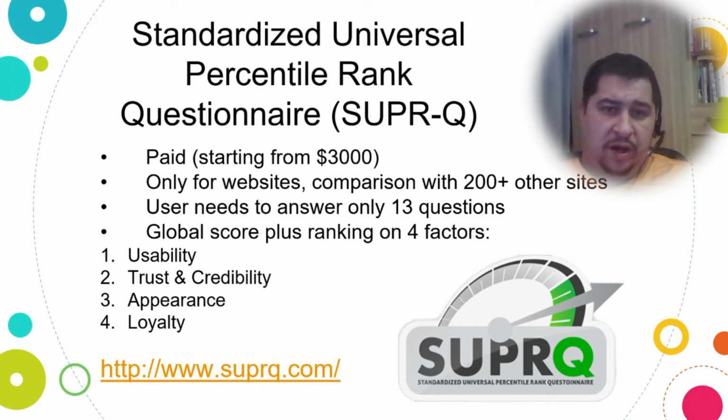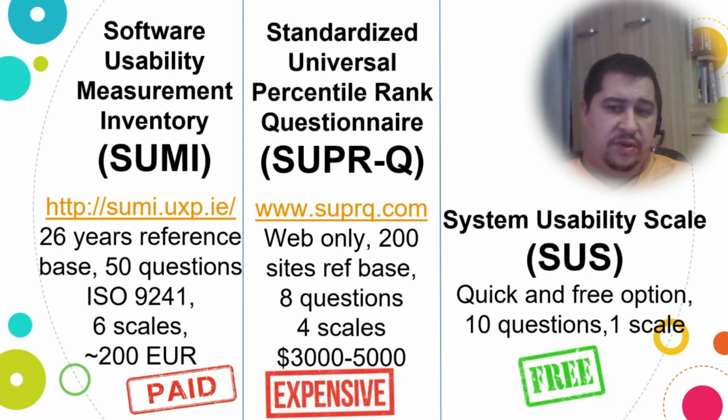Another good one, but very expensive, is SuperQ, Standardized Universal Percentile Rank Questionnaire, which gets usability, trust and credibility, appearance, and loyalty. It is comparing your website with 200 others, and you need to answer 13 questions. And as I said, we're talking about usability with zero budget.